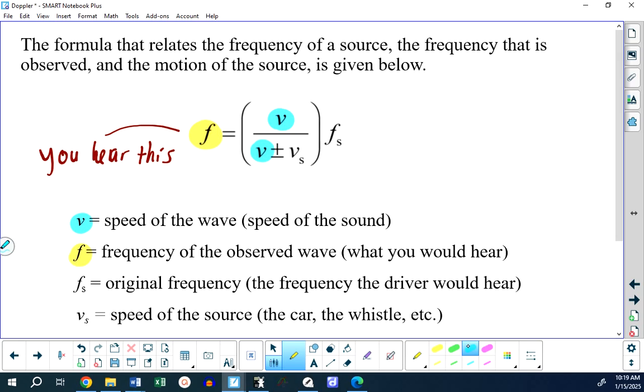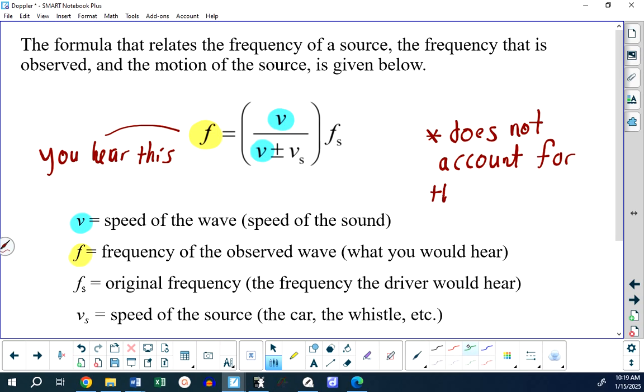You will notice something, though, that this equation does not account for the observer moving. There's no place in this formula that says V of the observer. Okay? But we are going to solve problems where you are moving, and we'll get to that in a second.